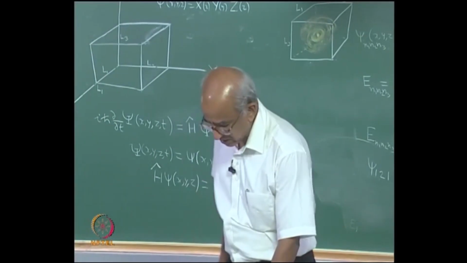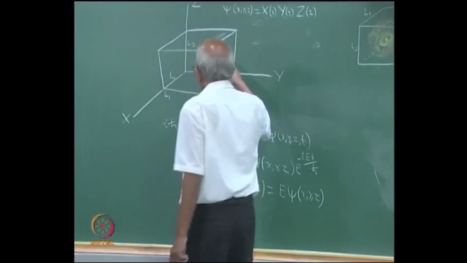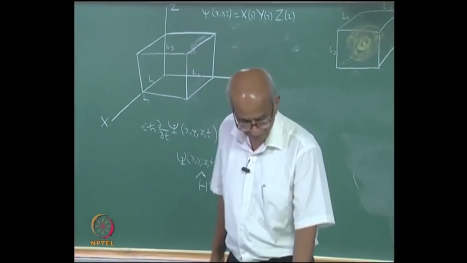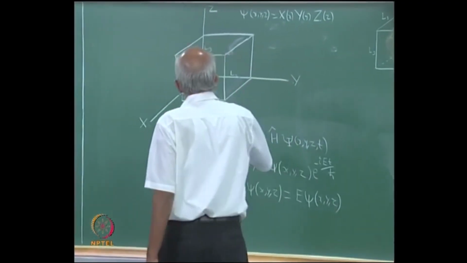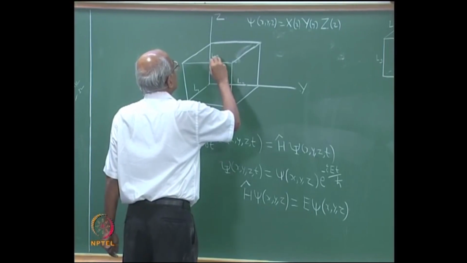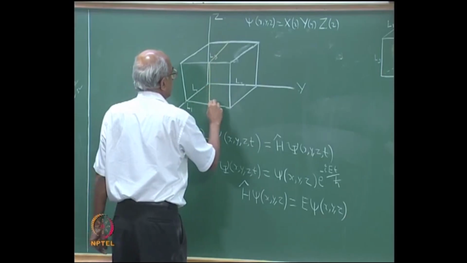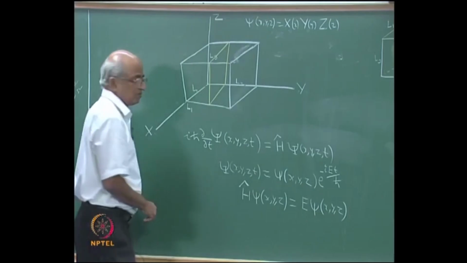So, where is y equal to L by 2 in the box? Well, think of a plane like this, cutting the box into two halves.